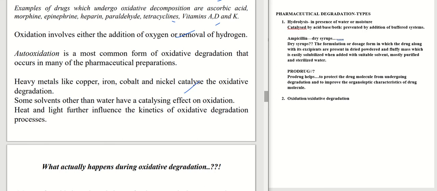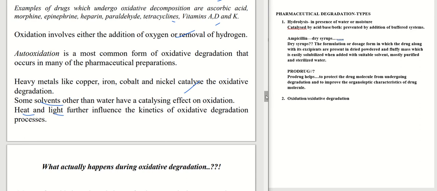And also, there are a few solvents which speed up this kind of degradation. The presence of heat and light will also speed up this reaction. So by knowing the various factors which speed up this kind of degradation, we'll get to know how we can protect our product.